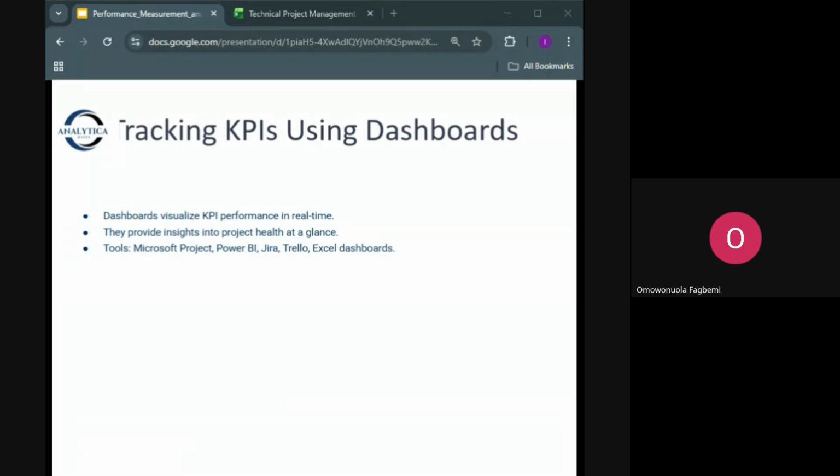These dashboards give a project manager a quick view of what needs attention.